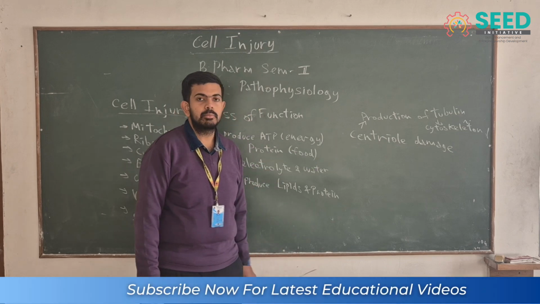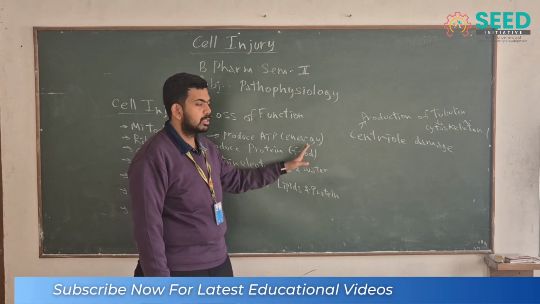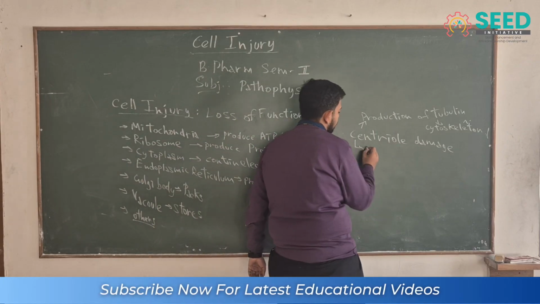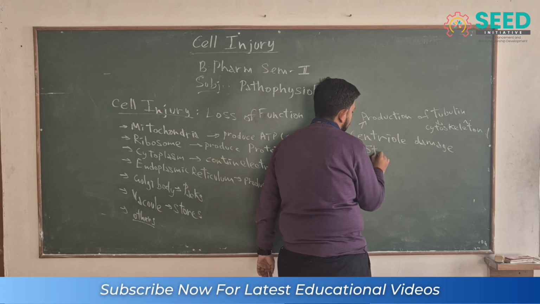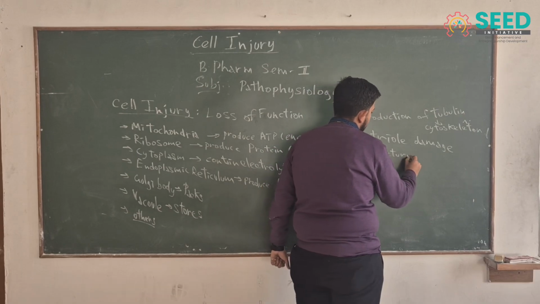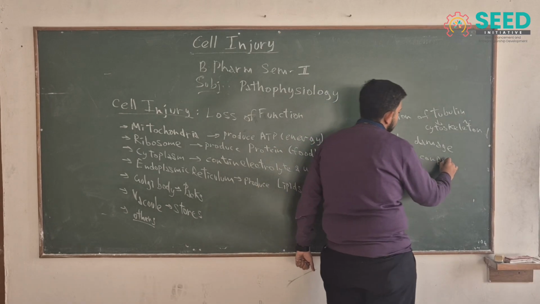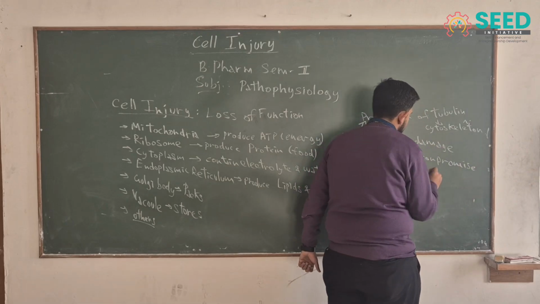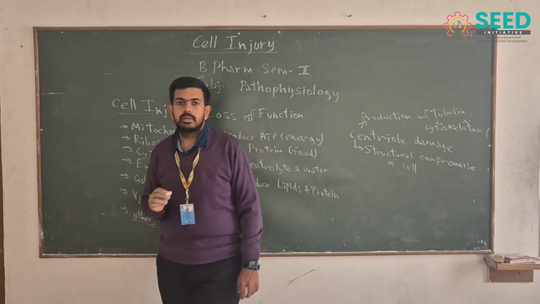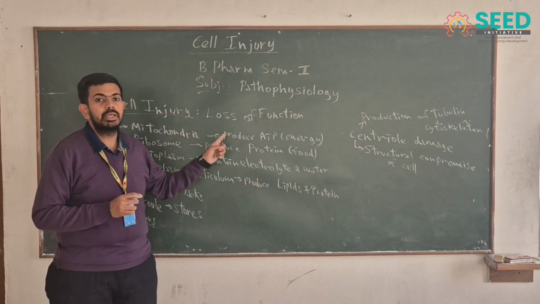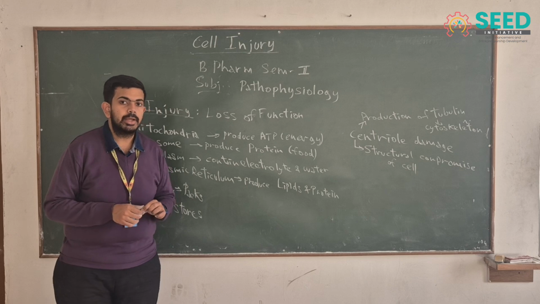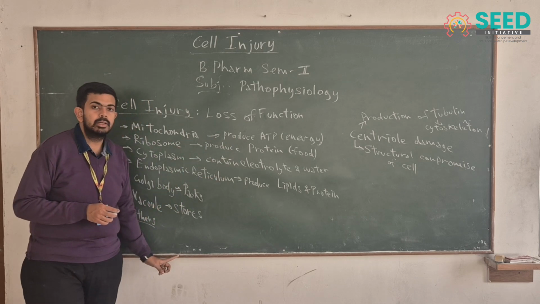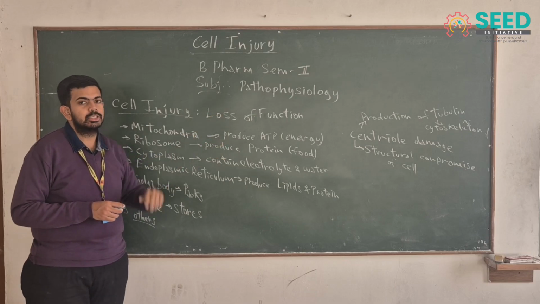So suppose there is a centriole damage, it can lead to structural compromise of the cell. So you can see cell injury does not mean there is a physical damage to a cell. It means there is a loss of function in a cell, and each organelle can perform a cell injury.